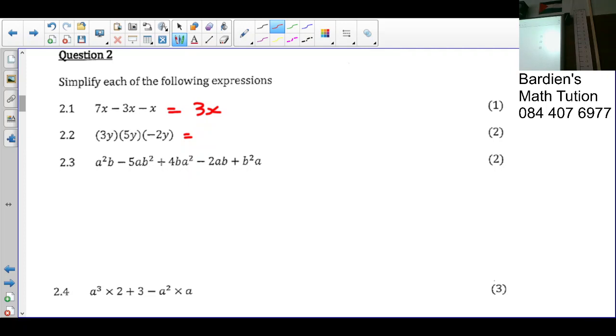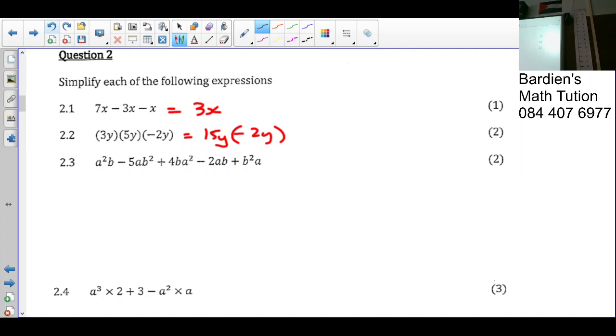No. There's 15. I mean, in brackets, start up with negative 2y. Okay. So you're going to get? We're going to have negative 2y in a bracket. And outside you say you're going to have 15y or 15y squared. 15y or 15y squared? 15y squared.